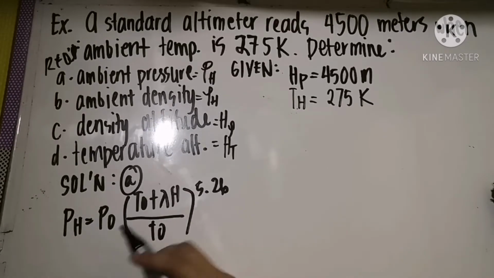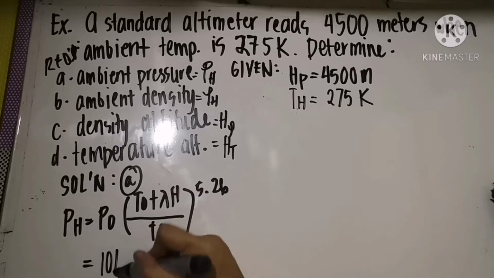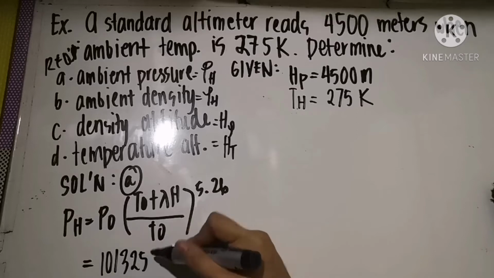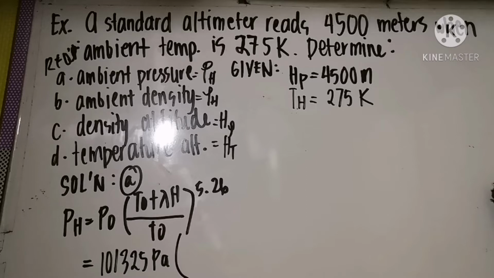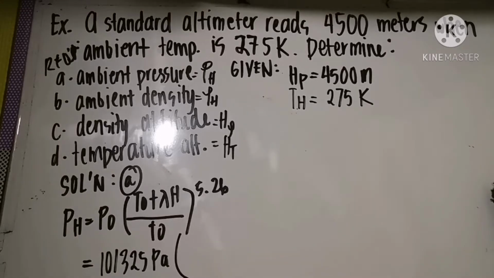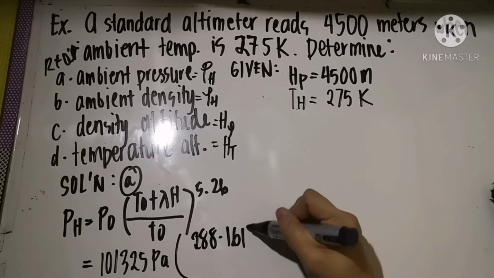Now, what is our pressure at 0 kilometers or SSLC? That in metric, which is 101.325 pascals. Next, what is our temperature at SSLC? It is 288.16 Kelvin.